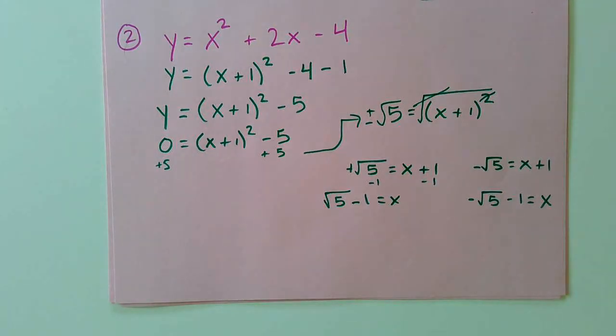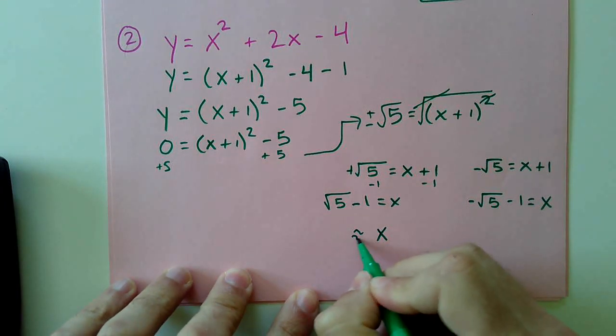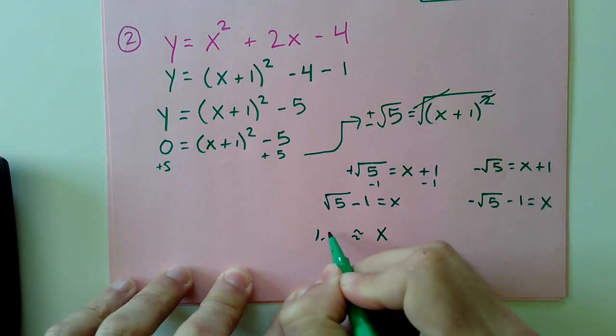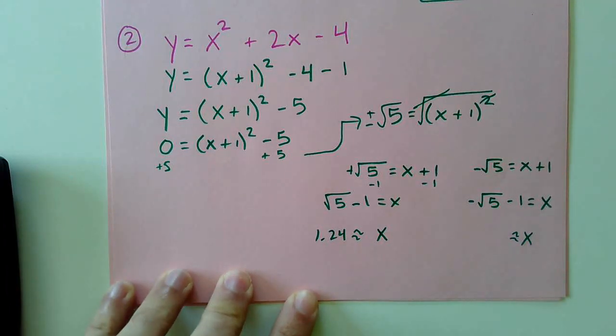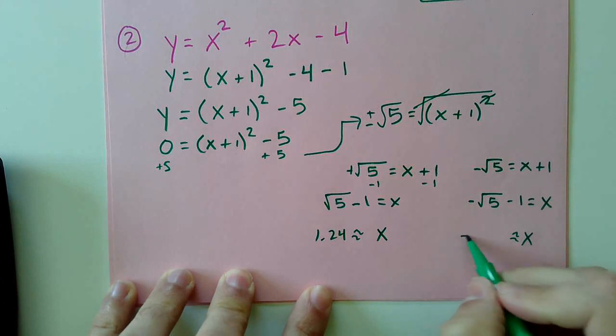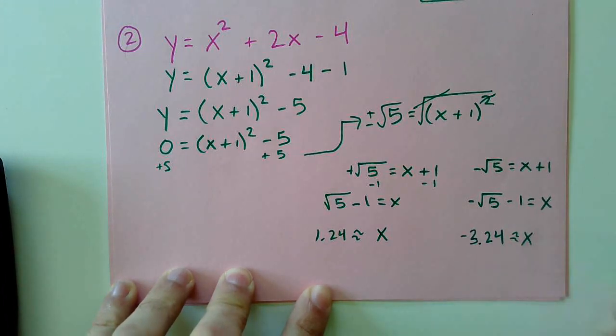Jump to my calculator. Square root of 5, take away 1, it's going to be about 1.24. And then here, the negative square root of 5, minus 1 equals negative 3.24.